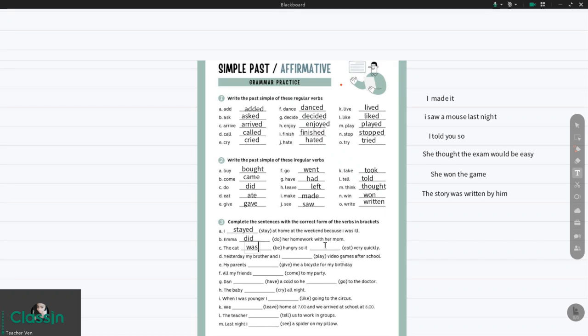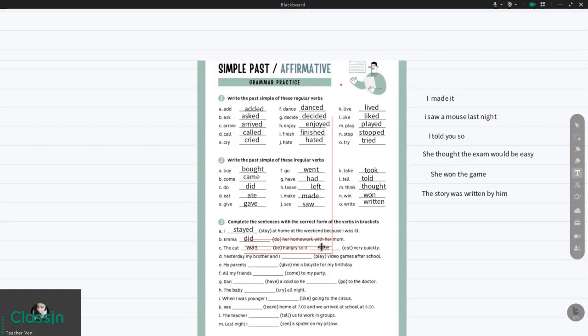What is the simple past form for the word eat? Can you find it here in our examples? Right? For letter D, it's here. Eat becomes ate, right? So we can write here the verb ate, right? Let's read it again. The cat was hungry, so it ate very quickly. Correct.